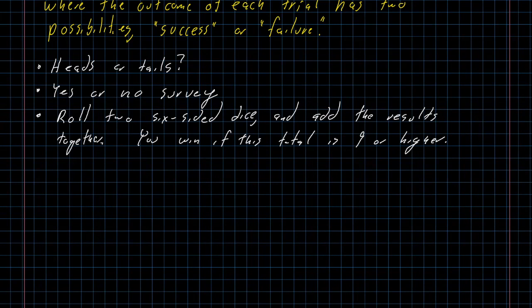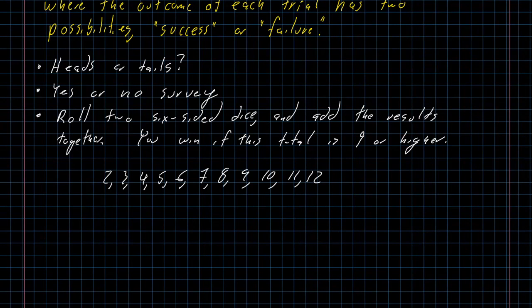So when you roll two six-sided dice, there are 11 possible outcomes. 2, 3, 4, 5, 6, 7, 8, 9, 10, 11, or 12. Right? A 1 is not possible because the lowest result is 1 on each of the dice, and 1 plus 1 is 2.